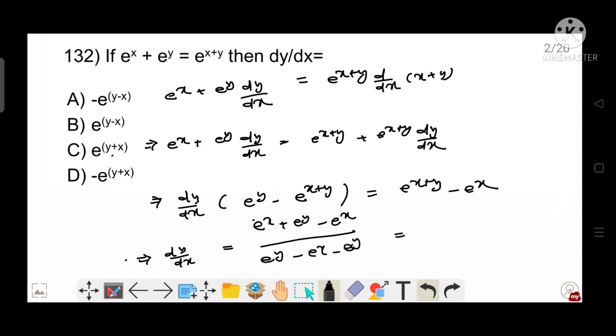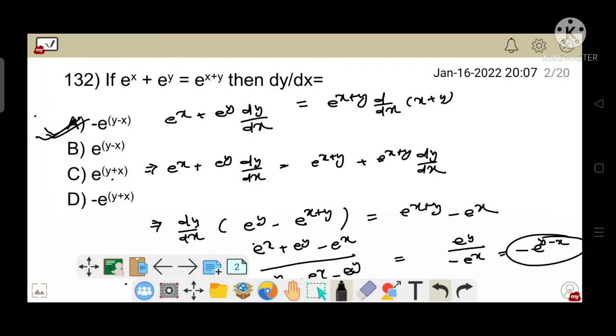Cancelling each, we have e to the power y divided by minus e to the power x, which implies minus e to the power y minus x. So this is our answer, which is option 1. Moving to next.